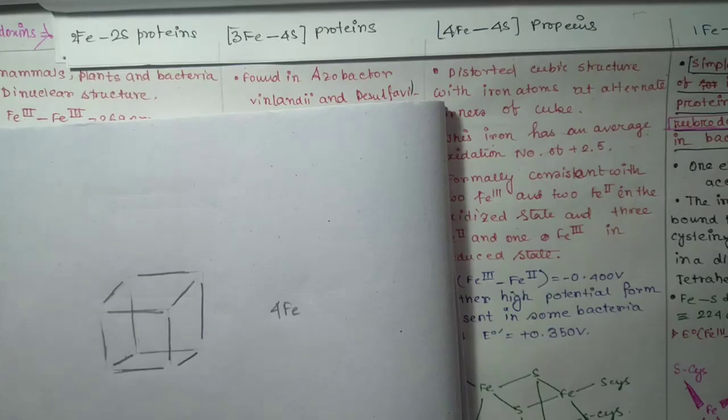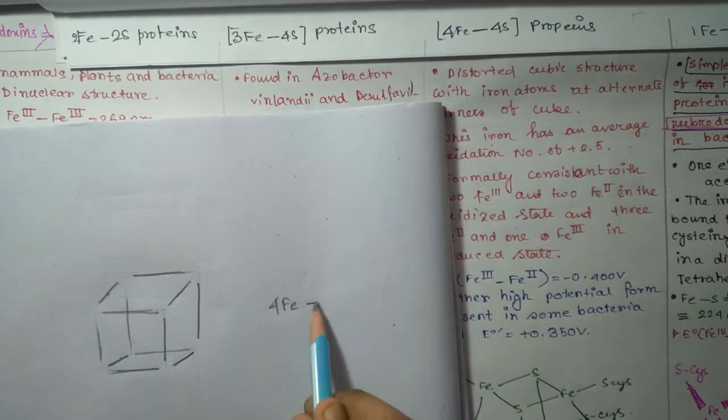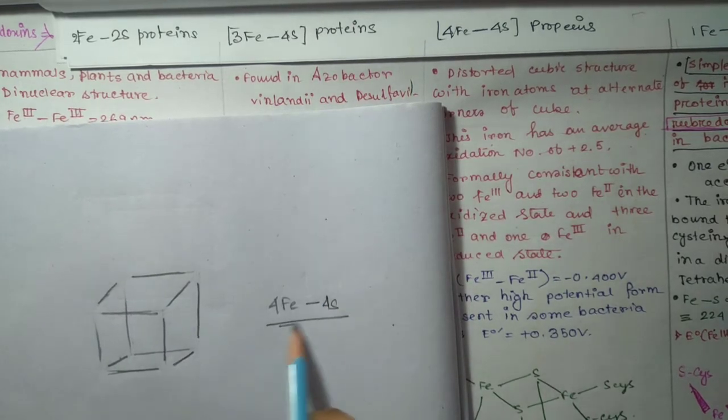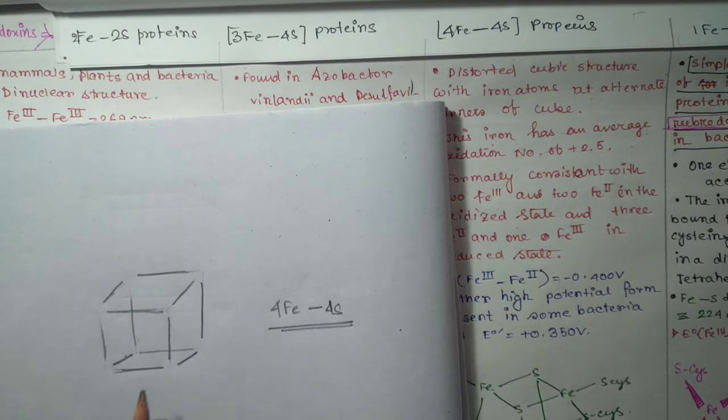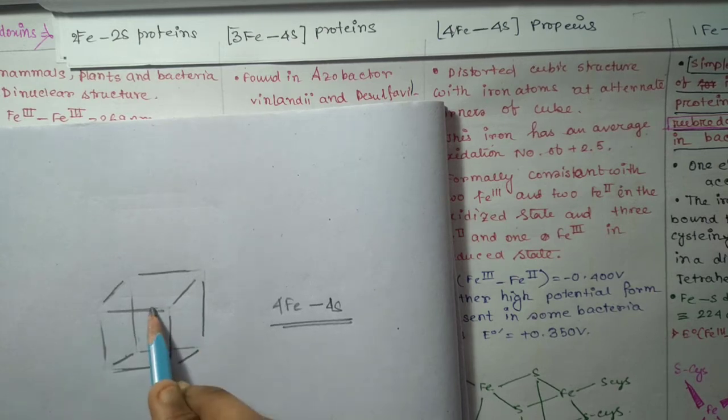Do not memorize the structure of the 4Fe4S protein. You can draw it easily like this. First draw a cube and leave the corners open, as there will be some atoms.